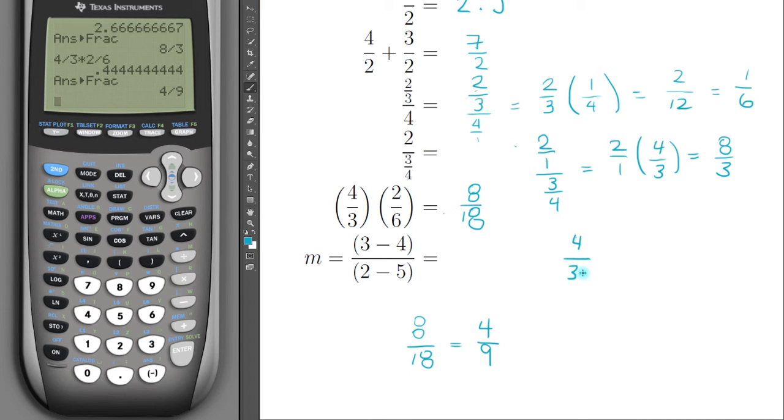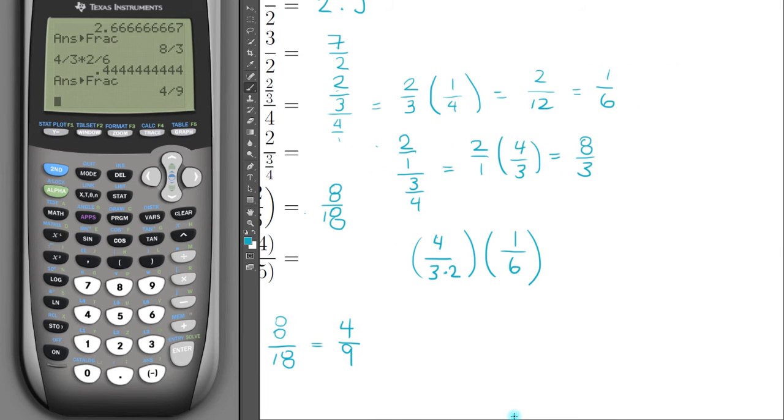4/3 times 2 times 1/6. If I want this one, for example, mathematically again it is 4 times 1 is 4, 3 times 2 is 6, and 6 times 6 is 36, which is a different fraction, right?